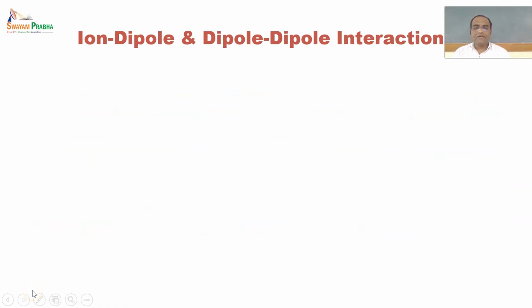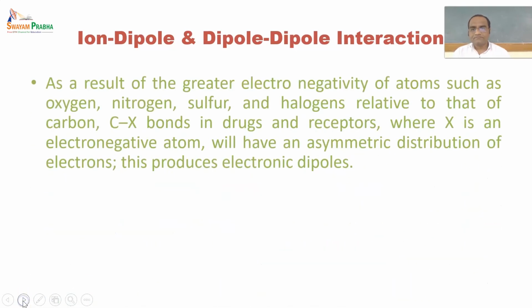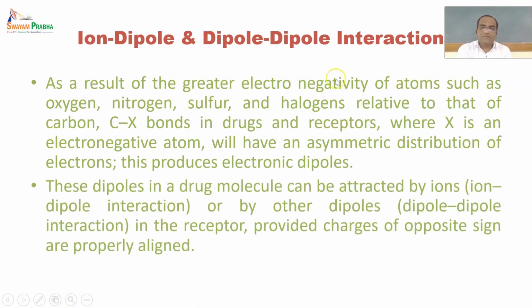Second, ion dipole and dipole-dipole interactions. As a result of the greater electronegativity of atoms such as oxygen, nitrogen, sulfur and halogens relative to carbon, in a carbon-halogen bond in the drug and receptor, where X is the electronegative atom, there is an asymmetric distribution of electrons, and this produces an electronic dipole.